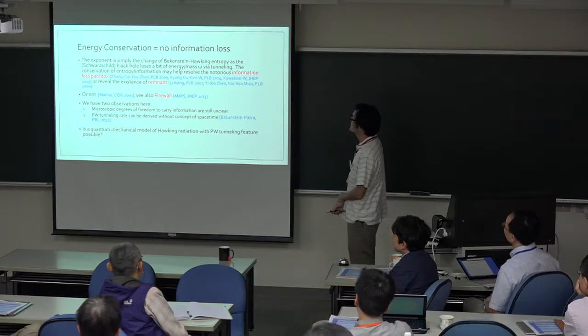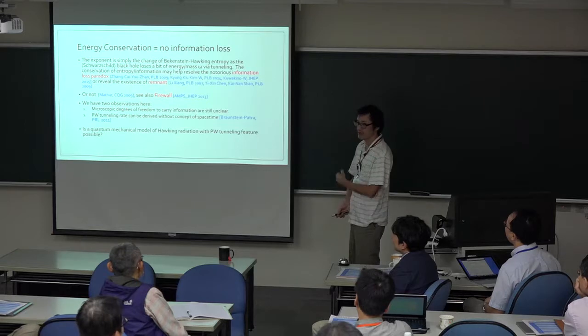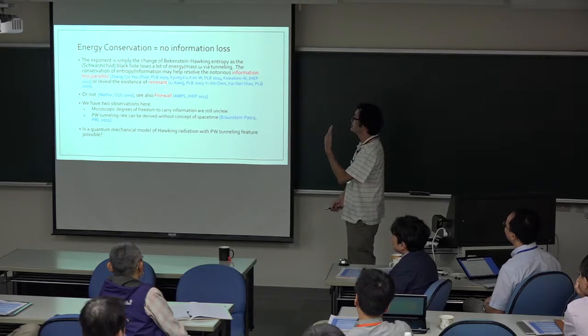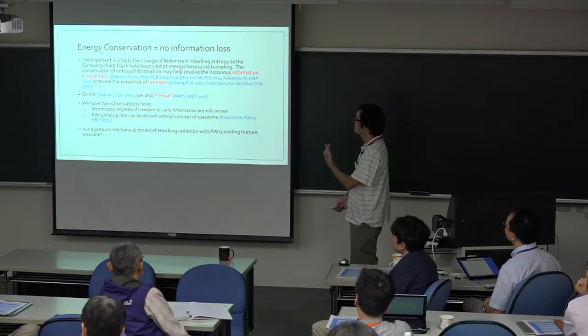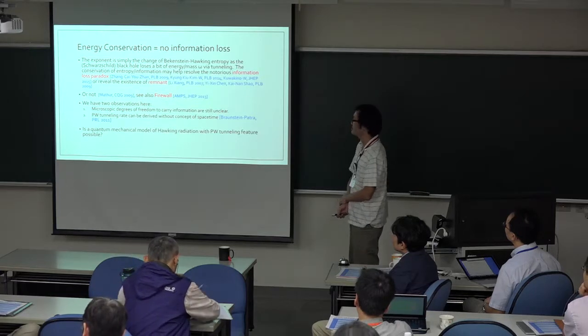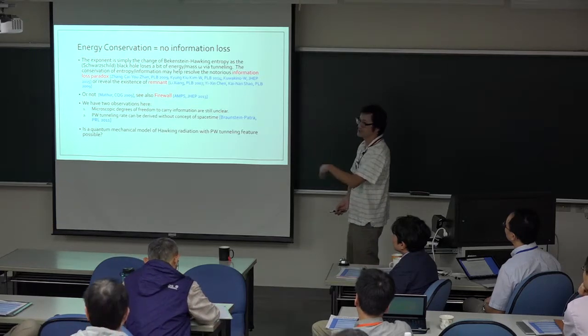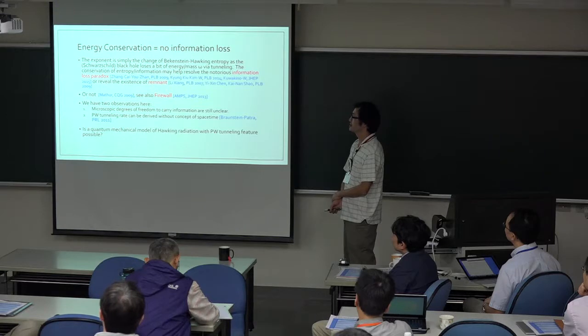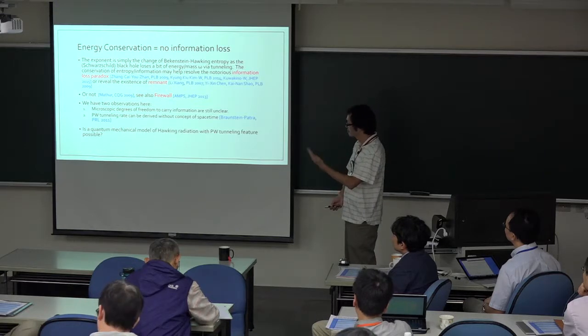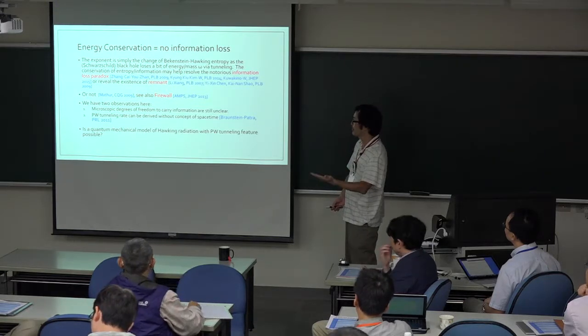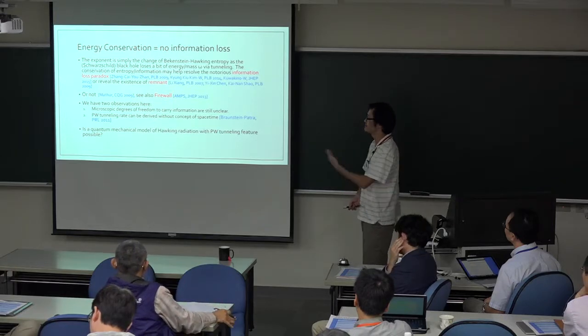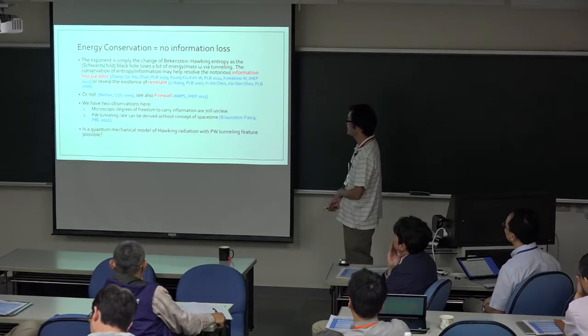So in that sense, the conservation of energy, in this case, happens to be the same as conservation of entropy. Or you could say the loss of entropy equals the loss of information. So you can also say that there is something like conservation of information.